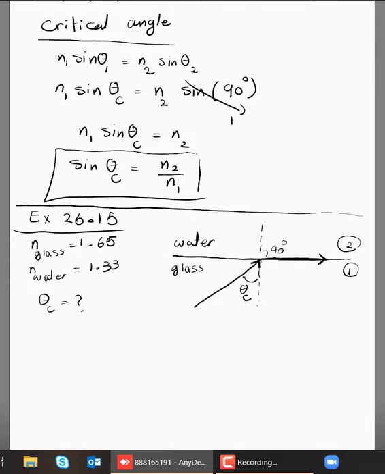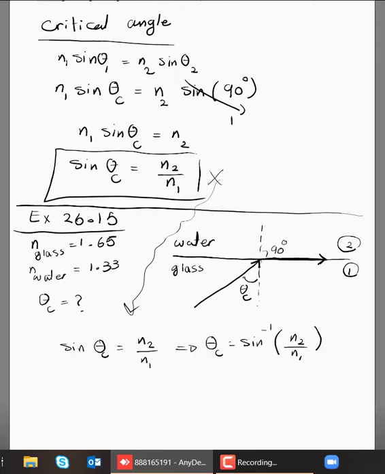Now let's go ahead and use this equation here to solve this problem. Okay, so I know that theta C is sine inverse of n2 divided by n1. My n1 is the glass, so this is my medium 1, and then my n2 is water, this is my medium 2.